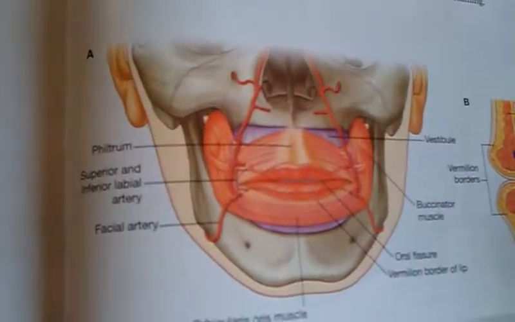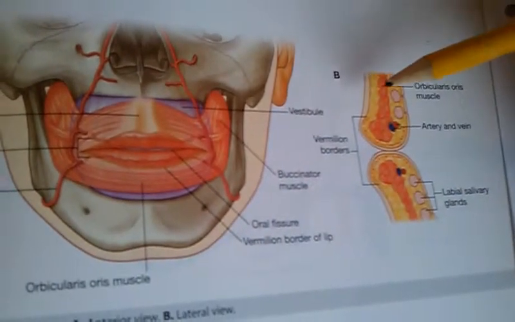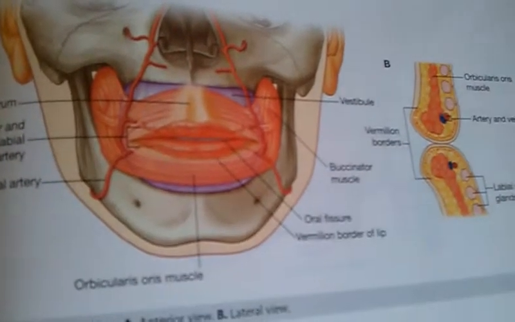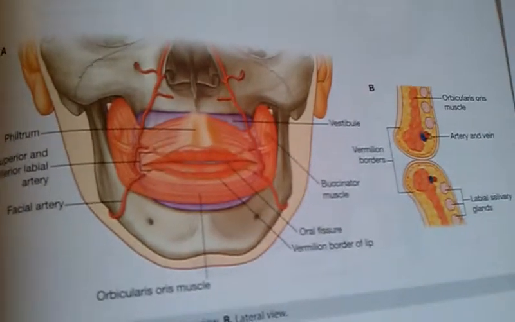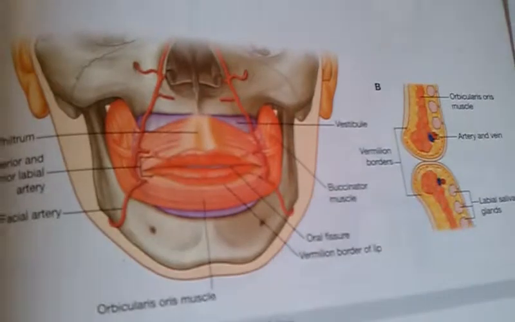Now to talk about lips. They are composed of a muscle called orbicularis oris that is quite large, and it is covered by skin externally, and internally it is lined by mucosa.